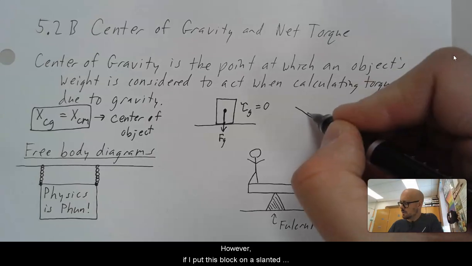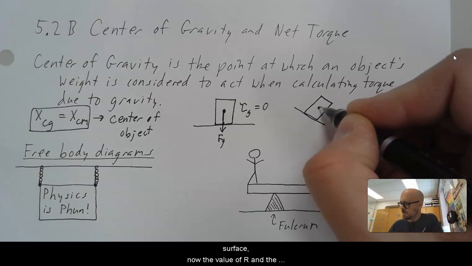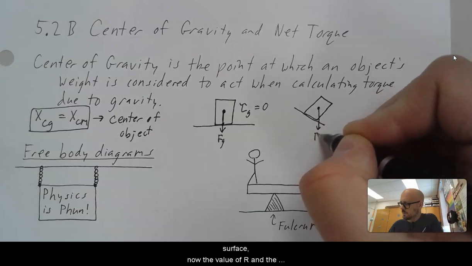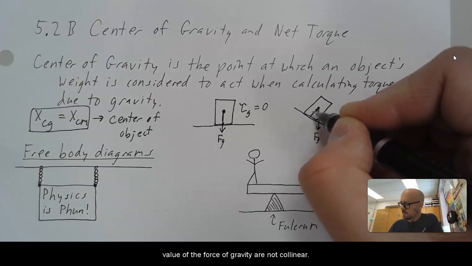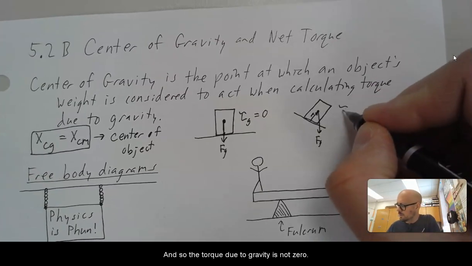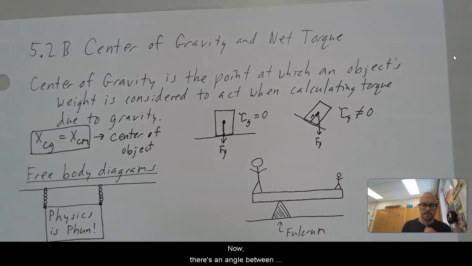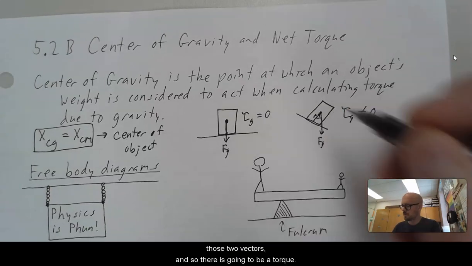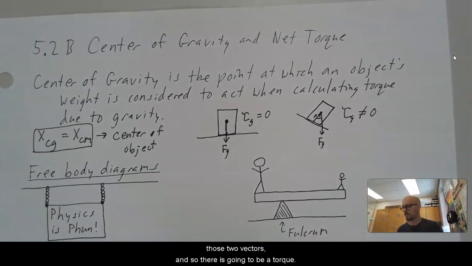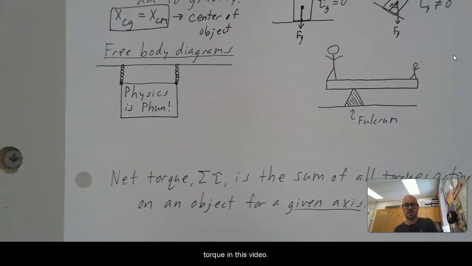However, if I put this block on a slanted surface, now the value of r and the force of gravity are not collinear. They're not along the same line. And so the torque due to gravity is not 0. Now there's an angle between those two vectors, and so there is going to be a torque. All right. So I wanted to explore torque due to gravity and then net torque in this video.